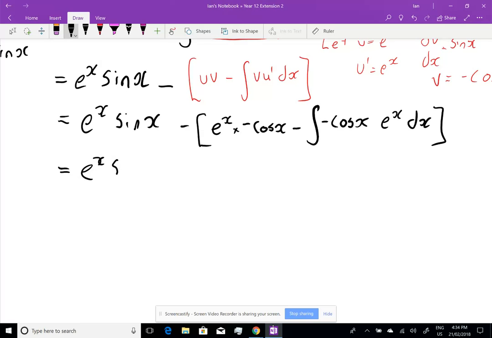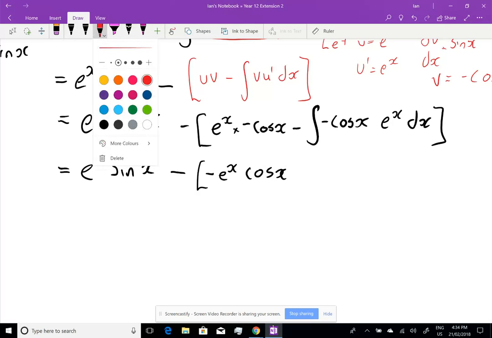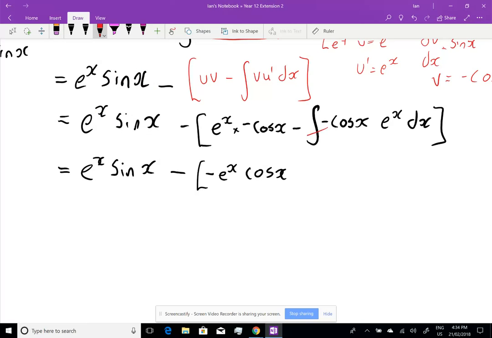E to the x sine x minus e to the x cos x. I'm going to pull the negative out of here, which I can do, and put it out the front. You get a negative negative, so I'm going to get plus the integral of e to the x cos x dx.